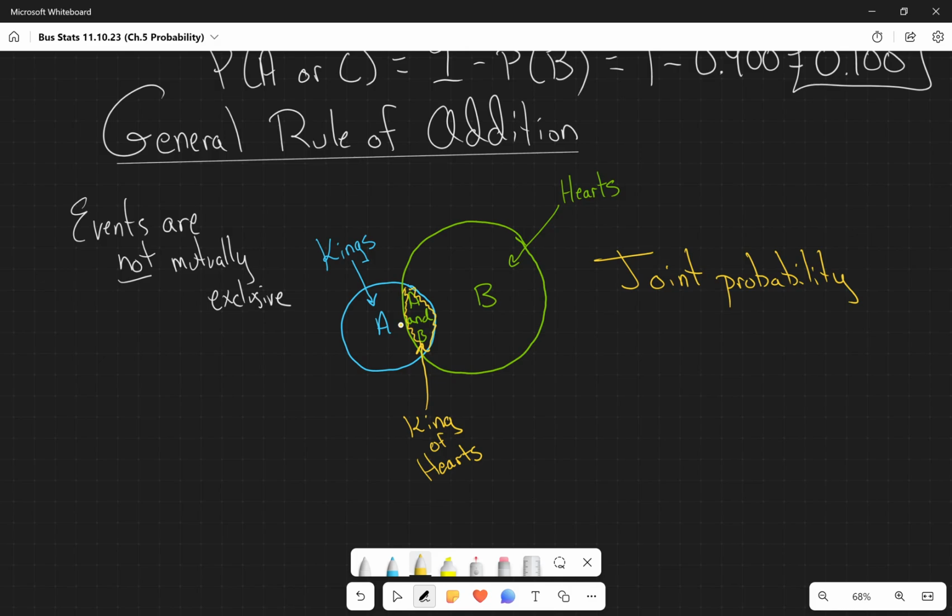A joint probability, which is going to be represented as P of A and B, is going to be the probability that measures the likelihood that two or more events happen concurrently.